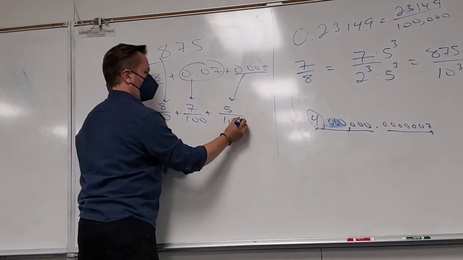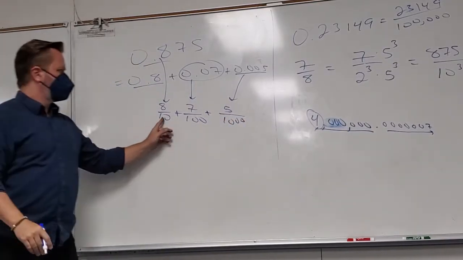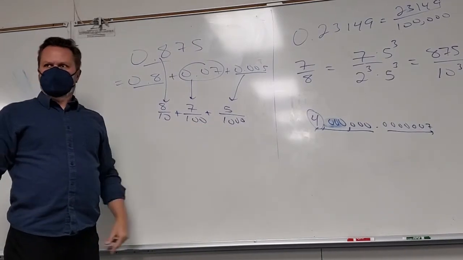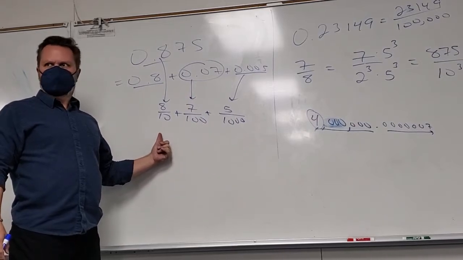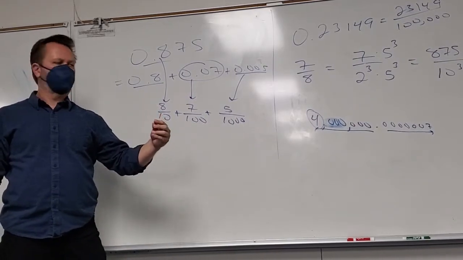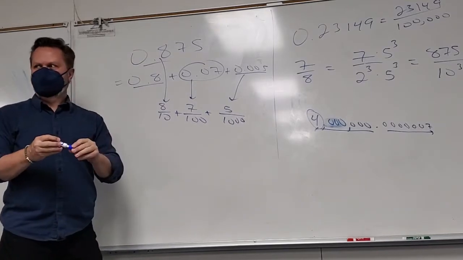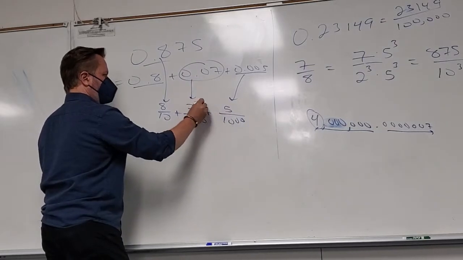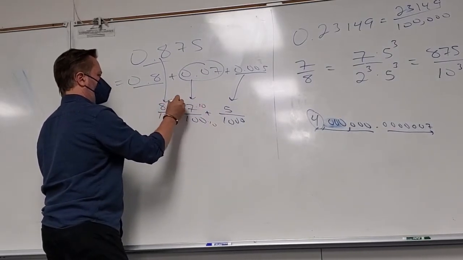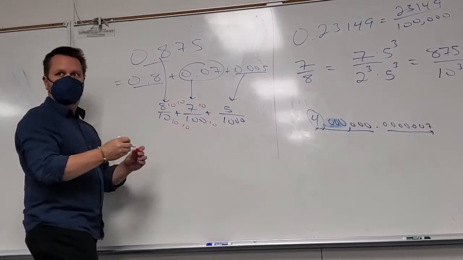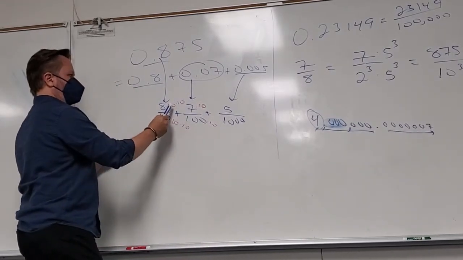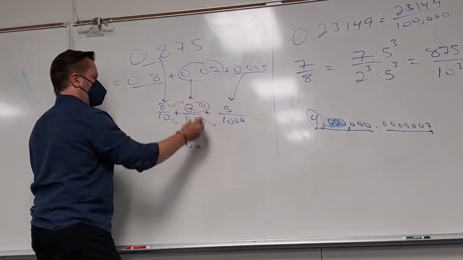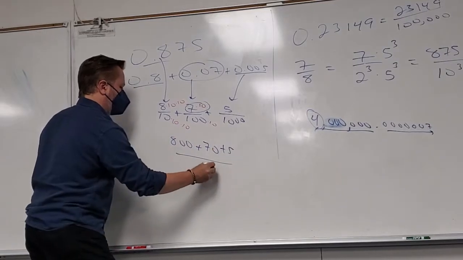Now what's wrong with me trying to do this problem? Can I just add these together? What do I need first? What will that be? Yeah, 1,000. He needs a 10, and he needs a couple of 10s, right? So you actually end up with 800 plus 70 plus 5, and that's how you get to 875.